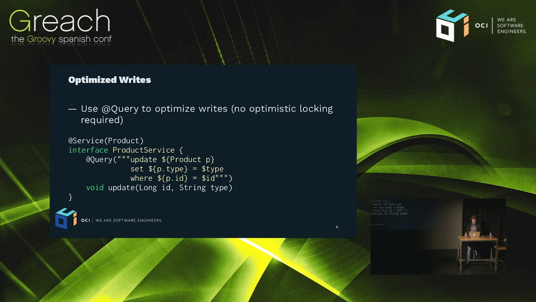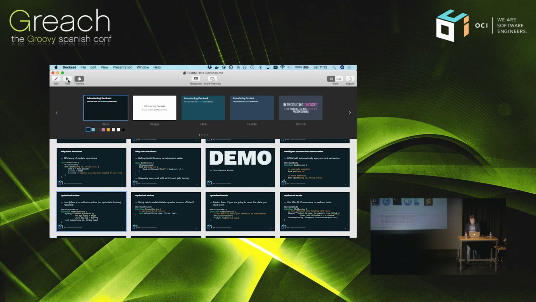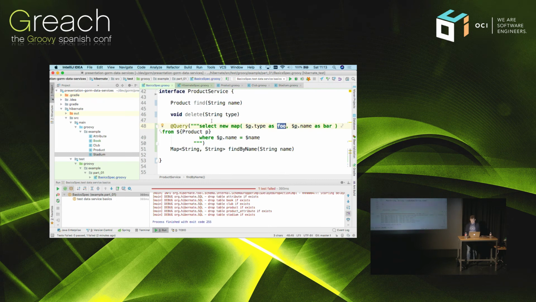And in this example slide, as you can see, we can also do optimized updates. And this is another point with data services: this query is using a select. We have intelligent detection of your JPAQL syntax such that we look at your query and we see, oh, this is a select, okay, this is going to have read-only semantics.